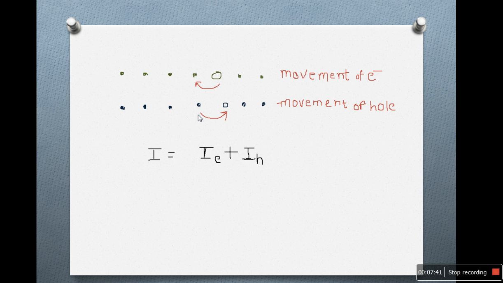That empty energy level is called the hole. This is the movement of electrons in the conduction band and this is the movement of holes in the valence band, and the total current produced is equal to the sum of electron current and hole current.